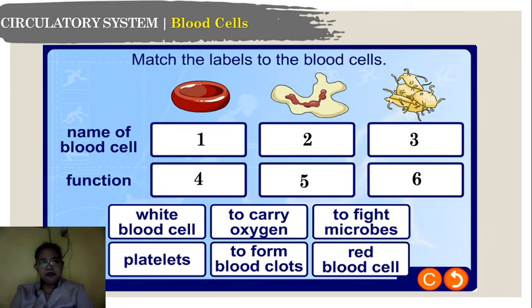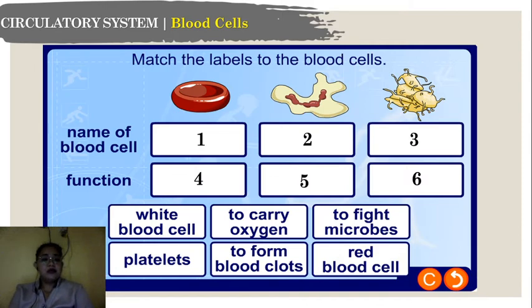So, in here, you are asked to match the labels and the blood cells. So, kanina, di ba sabi natin, the main function or one of the functions of circulatory system is to protect our body. So, sino ba yung responsible doon? So, that would be your white blood cells. Kaya irregular ang shape nila kasi minsan ginagaya nga nila yung mga foreign bodies or bacteria and viruses na pumapasok sa atin.